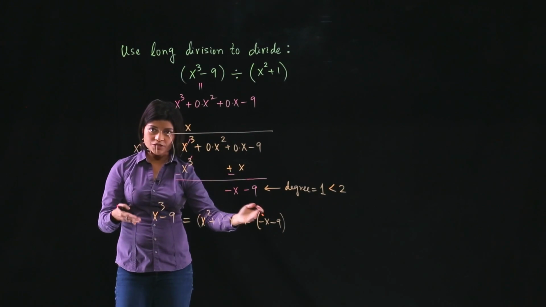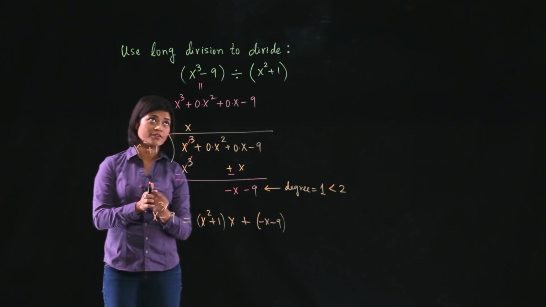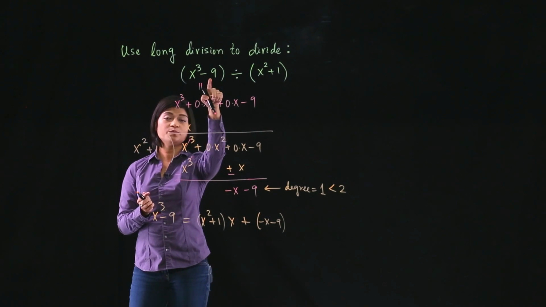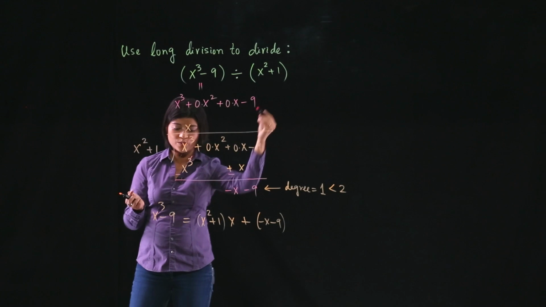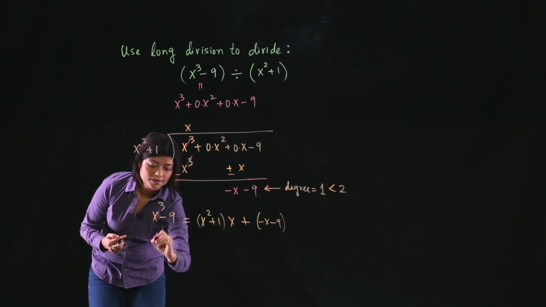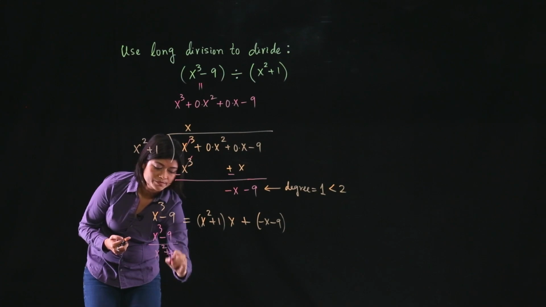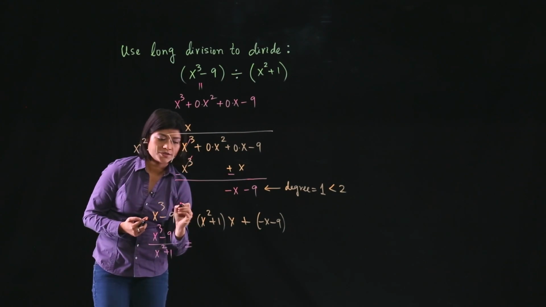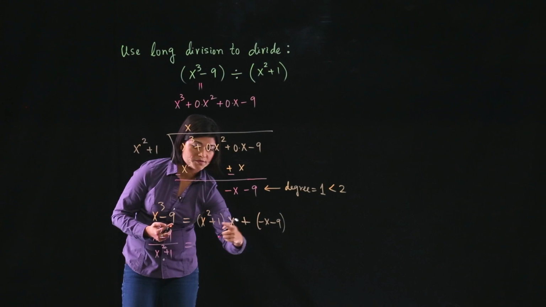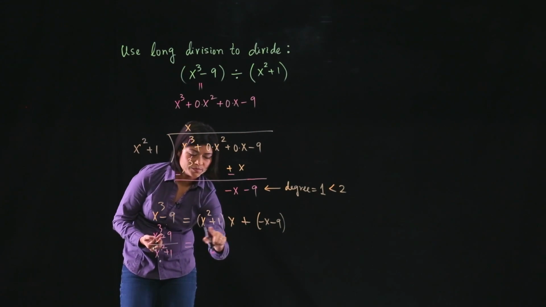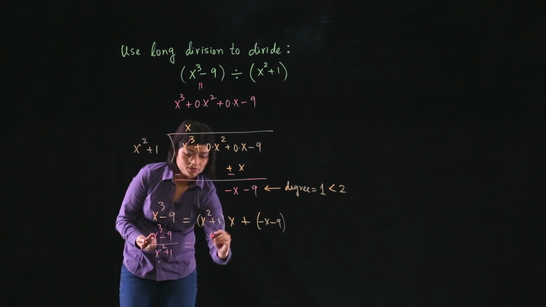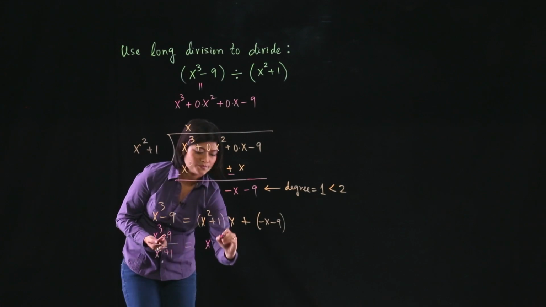So, once you have this equation, note what we need. On the left hand side, we need x cubed minus 9 divided by x squared plus 1. So, just divide by x squared plus 1, both sides of the equation. If you divide on the left, divide both terms by x squared plus 1, well, this term, the x squared plus 1 will cancel and you will be left with x.